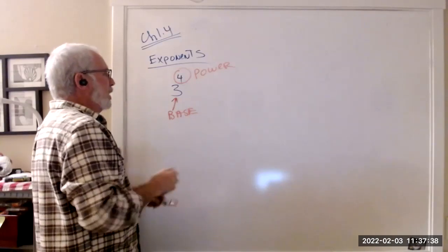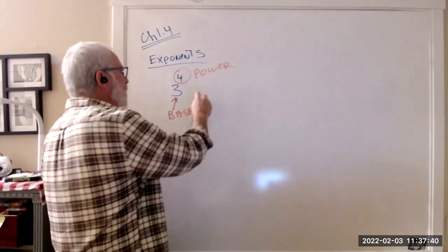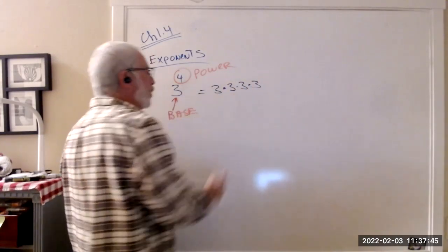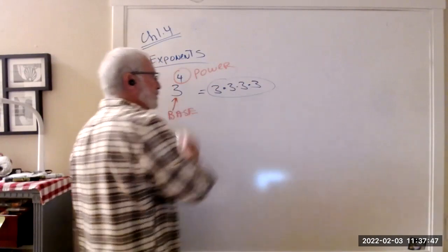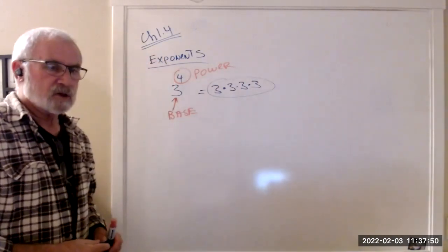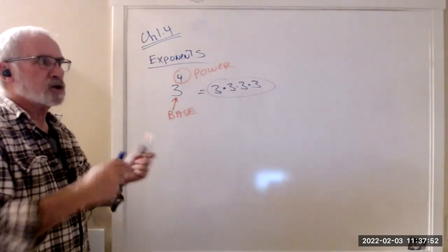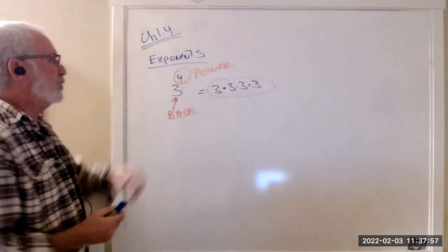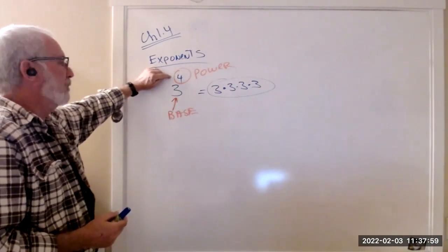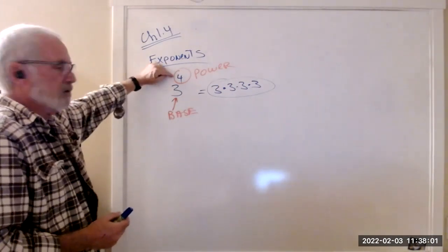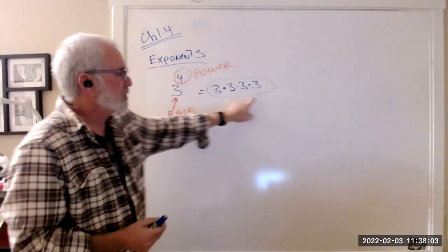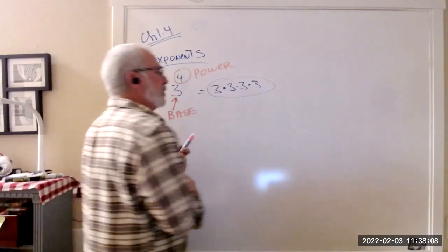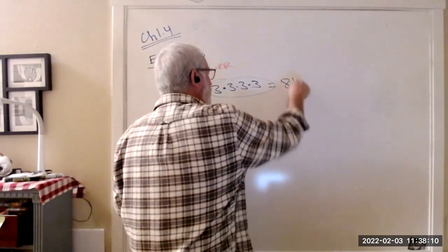And what it means is 3 multiplied by itself for a total of 4 times. So exponents actually just mean multiplication. The base is 3, the power is 4, 3 times itself 4 times. You multiply it out and you get 81.